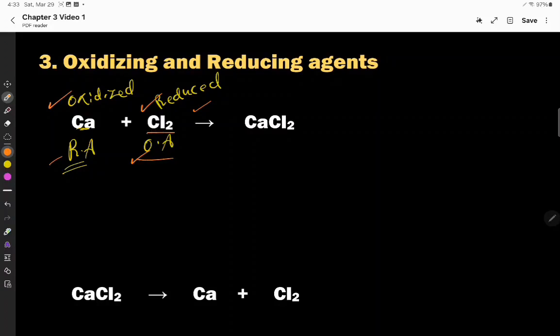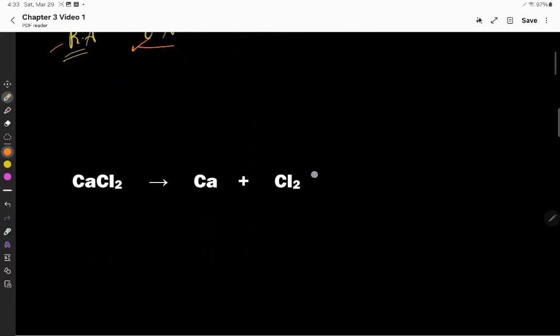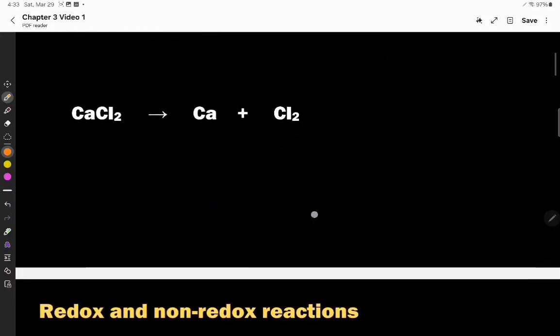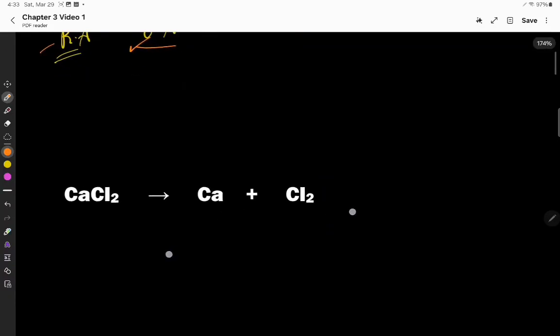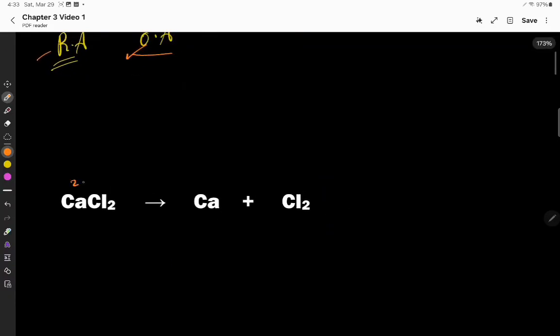What is the reducing agent? It will be calcium. Let's see if we flip the equation. It will be the same. Here, calcium 2+, chlorine negative. After the arrow, calcium is 0 and chlorine is 0. Now calcium from 2+ to 0, what happened to it? Reduction.